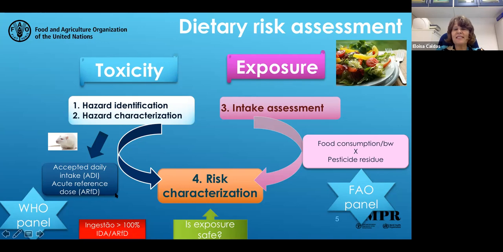So in 2018, it was decided that we could not finalize metalaxyl-M because there was no decision regarding the ADI and the acute reference dose. And without that, I cannot do the risk characterization, although I could do this part and finalize the dietary risk assessment. So in 2018 it was not finalized.